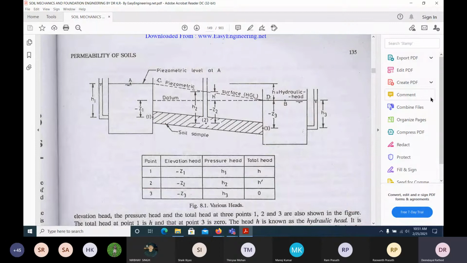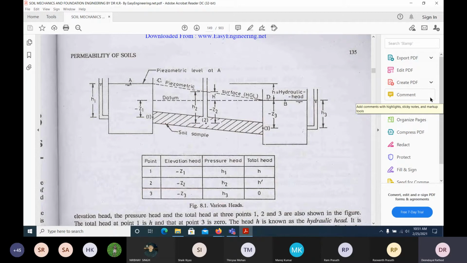Now this particular total head would be the elevation head plus pressure head plus velocity head. You might have studied in fluid mechanics, or are going to study. Total head would be elevation head, that means where it is elevated exactly, plus the piezometer head or pressure head, whatever head you get once you insert a piezometer, plus the velocity head.